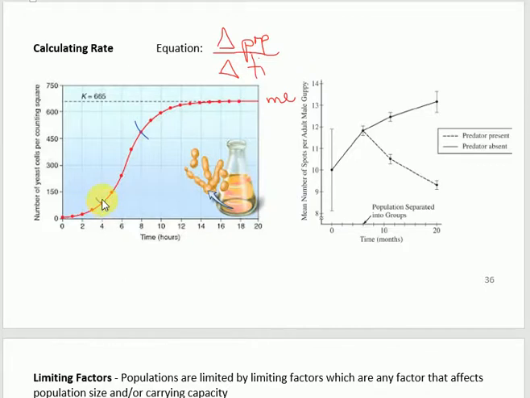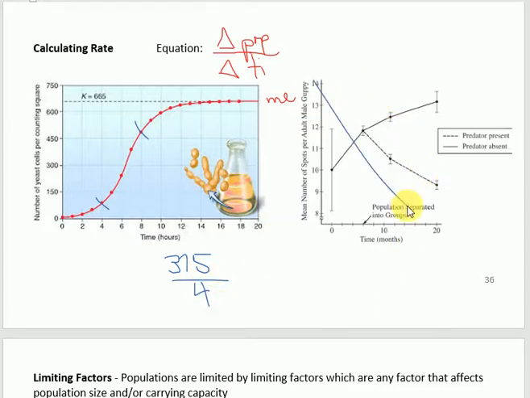So if we look, it's about a change of 375 organisms. Okay, so basically it would be that 375 over the 4. That would be your equation.